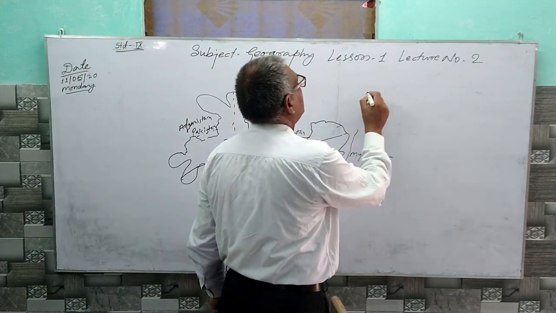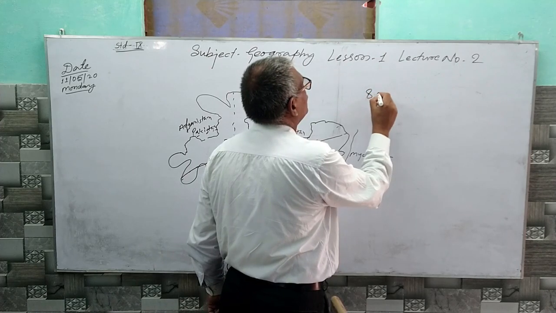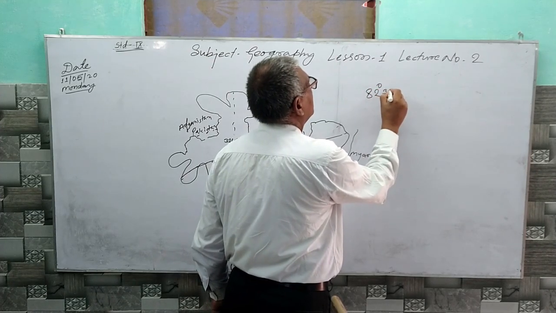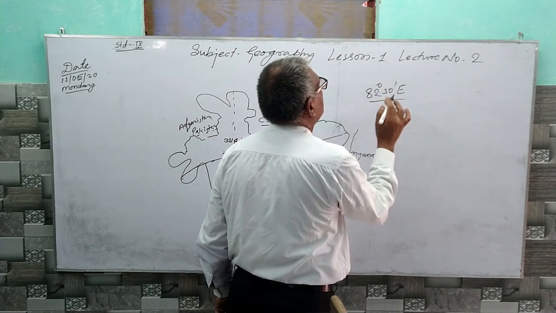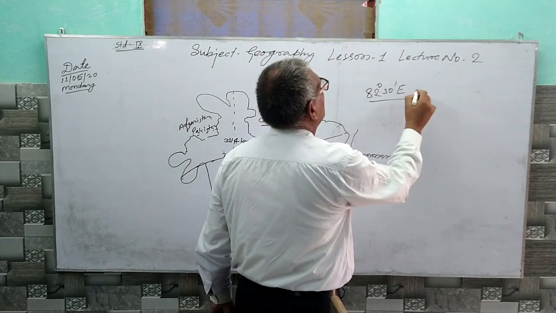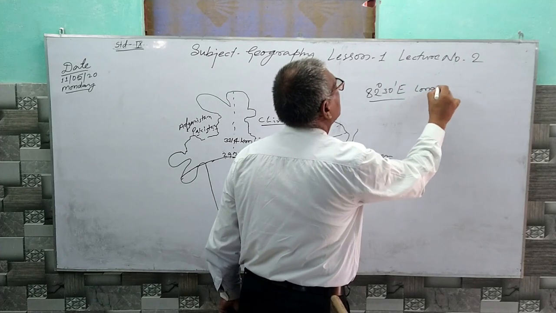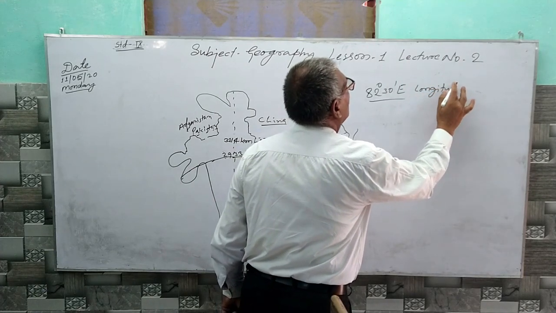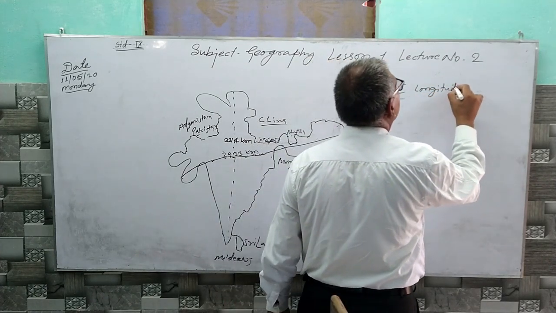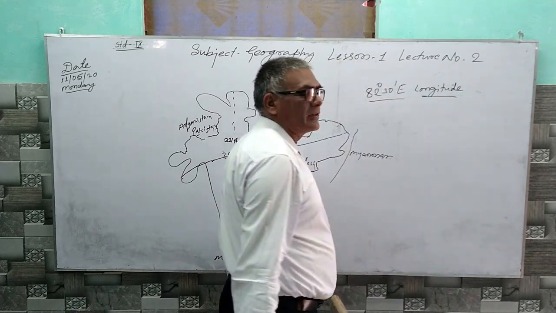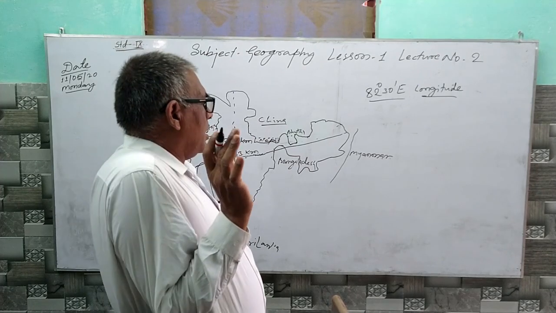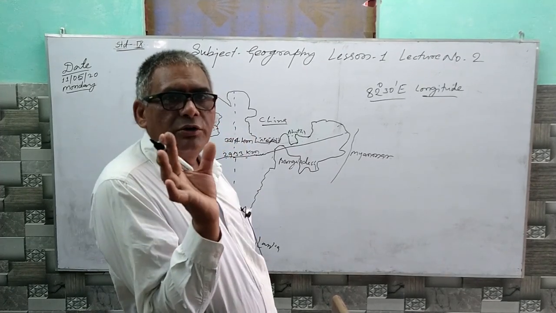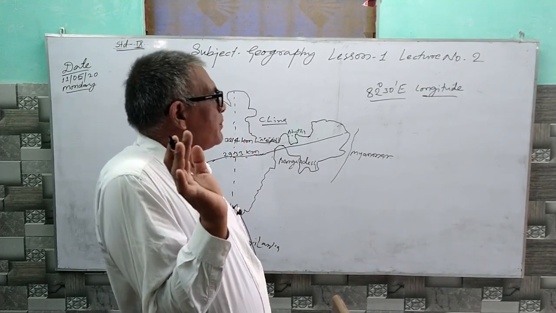India's standard meridian is 82 degree 30 minute east longitude. This longitude passes through Mirzapur in UP.